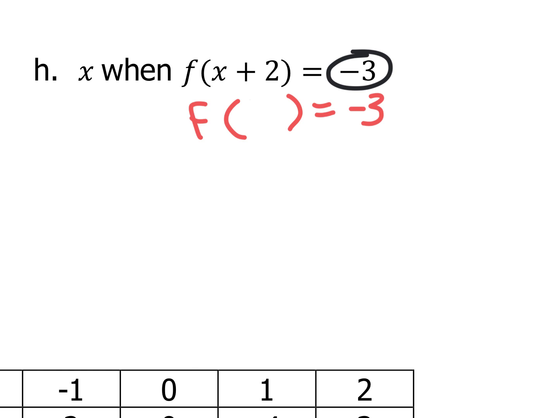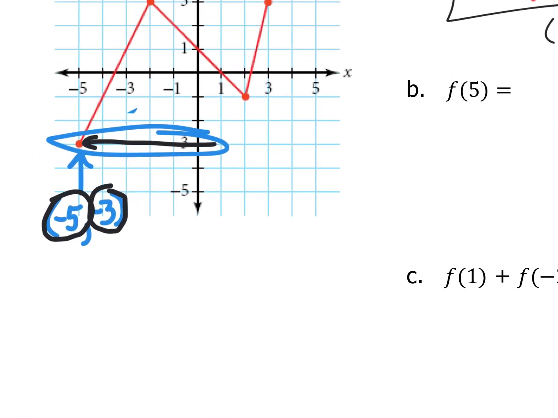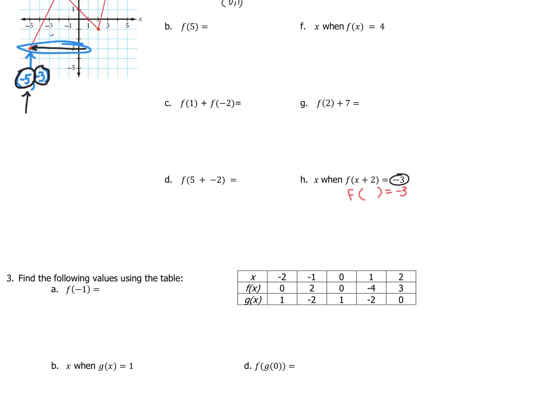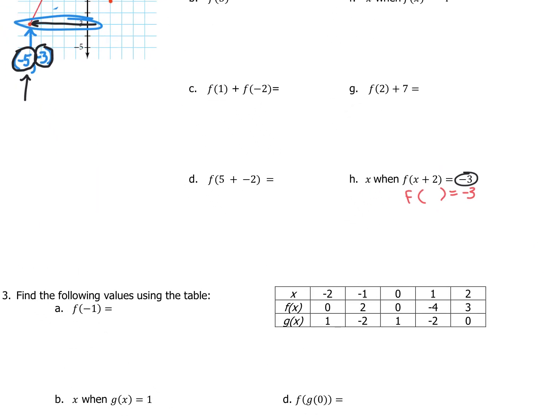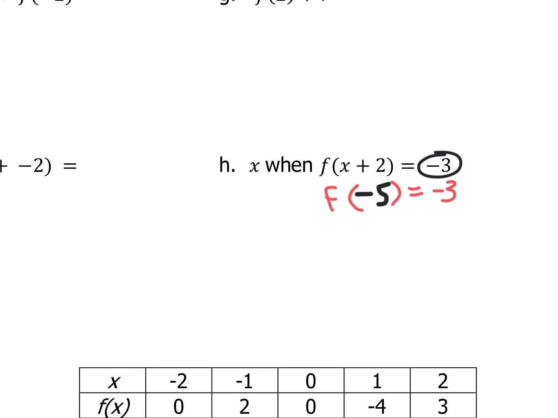Then I go back to my chart and I go, okay, y is negative 3, so then I'm going over here and, oh, x is negative 5. So now you write, careful, I would strongly recommend doing this right now. f of negative 5 is negative 3. And then this highlighted part is the key. So x plus 2 must be negative 5. That's its own little equation then.